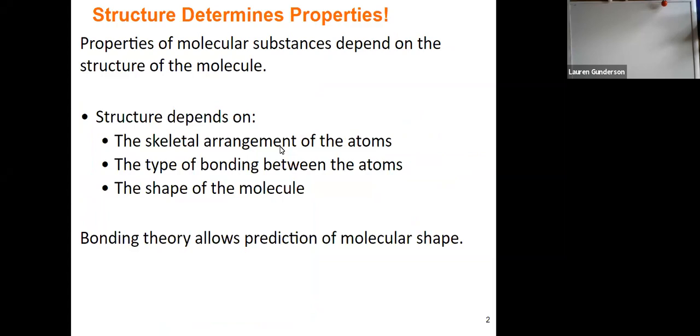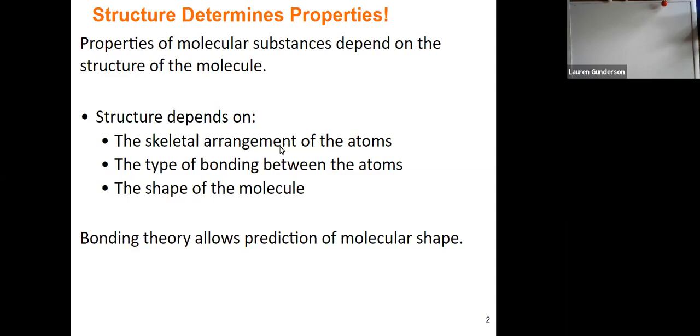It turns out that when you start looking at the actual shape and the structure of different molecules, different elements, their structure is going to determine the properties that they have.